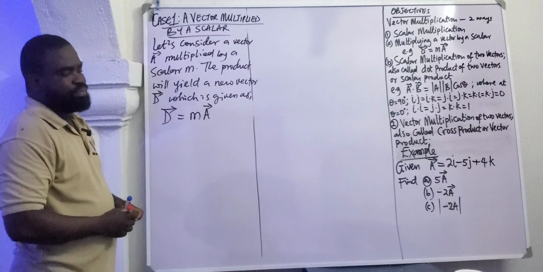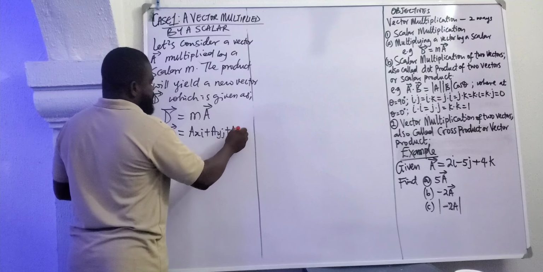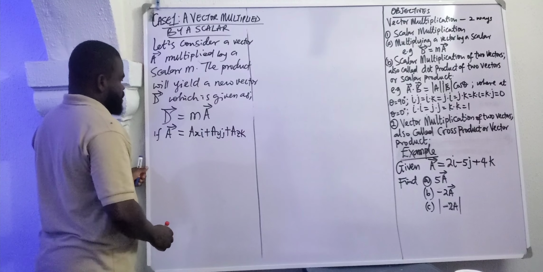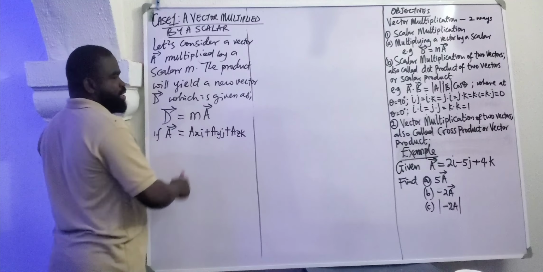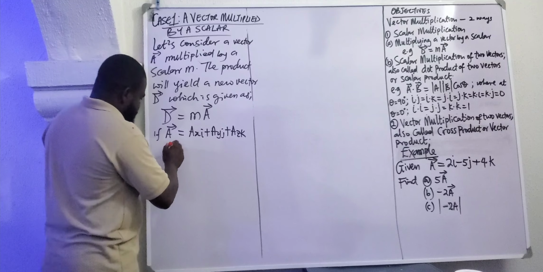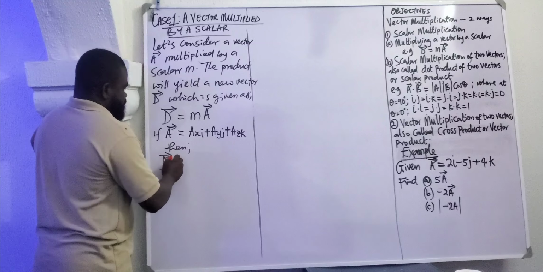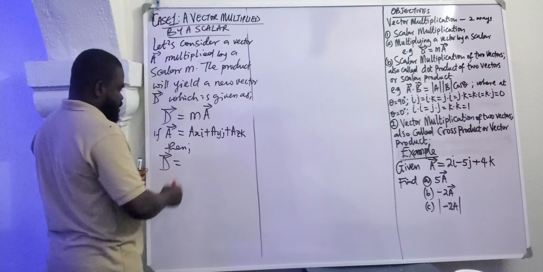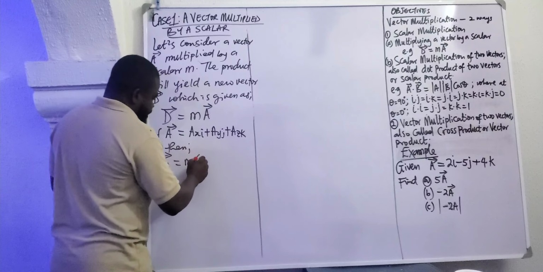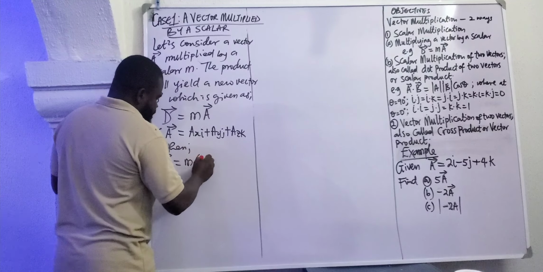That is, if vector A is AXi, AYj, AZk, and we multiply it by scalar quantity M, then the vector D, which we say is MA, will be M multiplied by AXi, AYj, AZk.